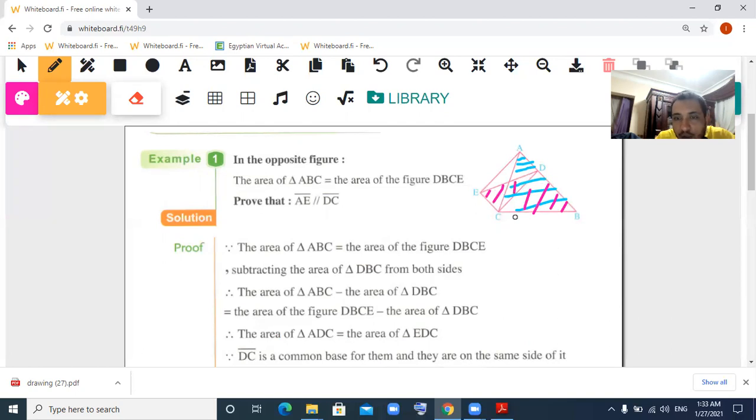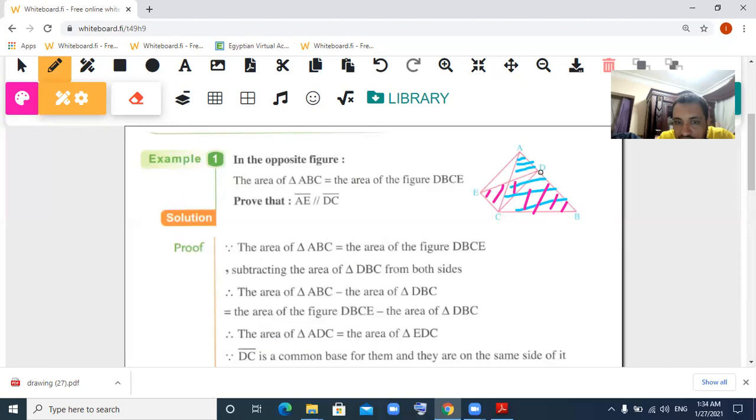So I will start solving this question. I want to prove that AE is parallel to CD. The first step is to subtract the common part between the two shapes. Since the given area of triangle ABC equals the area of figure DBCE, I will subtract the area of the common part.